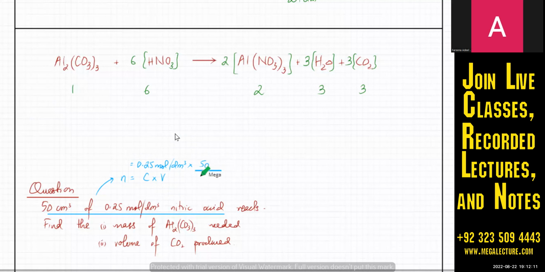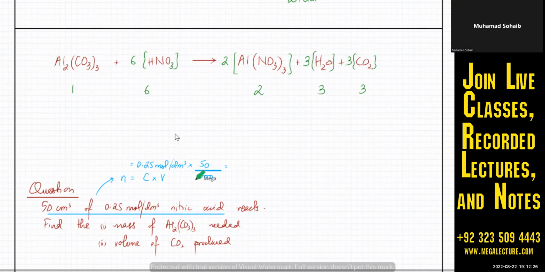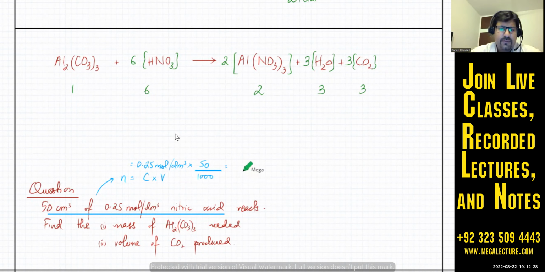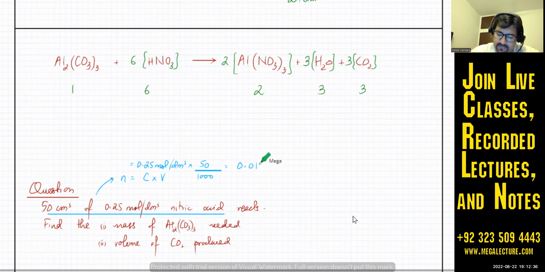Okay. So how many moles do you get for this? 0.0125. So you're going to get 0.0125 moles.